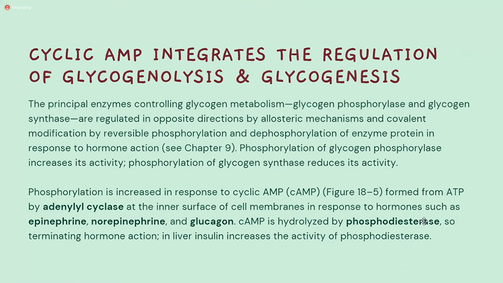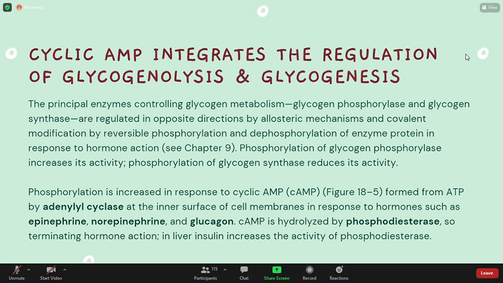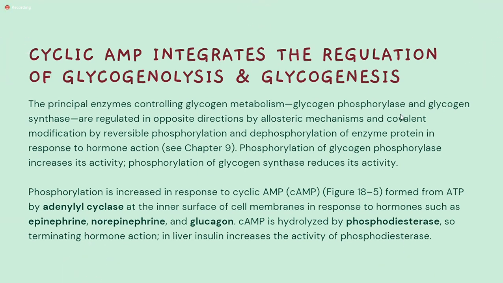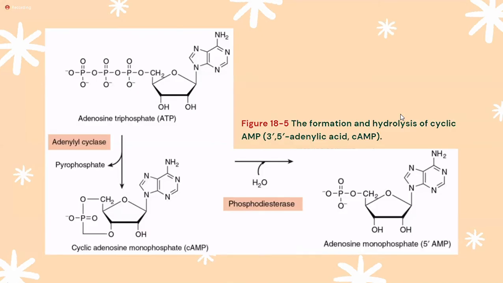Cyclic AMP integrates the regulation of glycogenolysis and glycogenesis. I've given you that when we were taking the illustration of glycogenesis, glycogenolysis. So this is how your cyclic AMP forms.